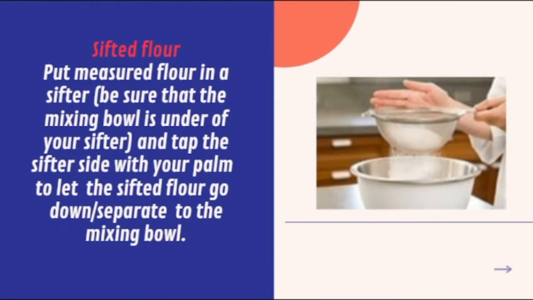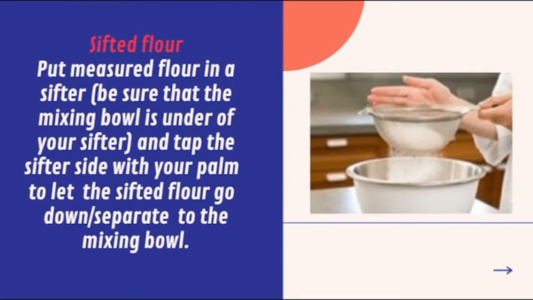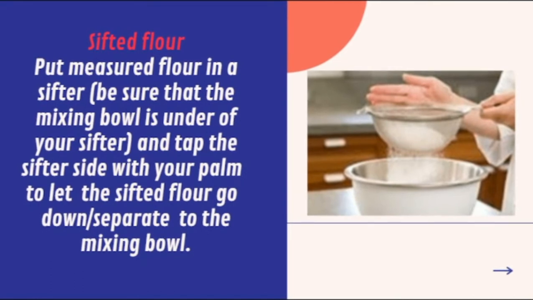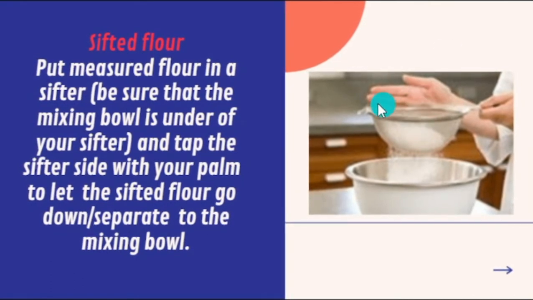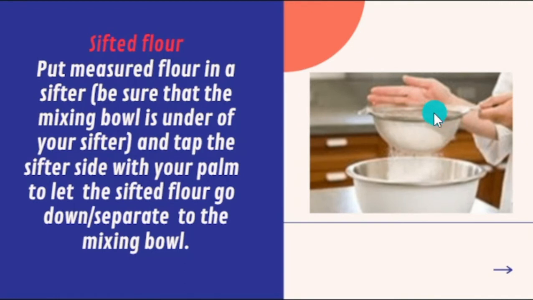Now, moving forward, how about the sifted flour? Sifted flour means you're going to use a sifter. The reason why you need a sifter is to remove the lumps from your flour. What you need to do first is put the measured flour in a sifter, like this.